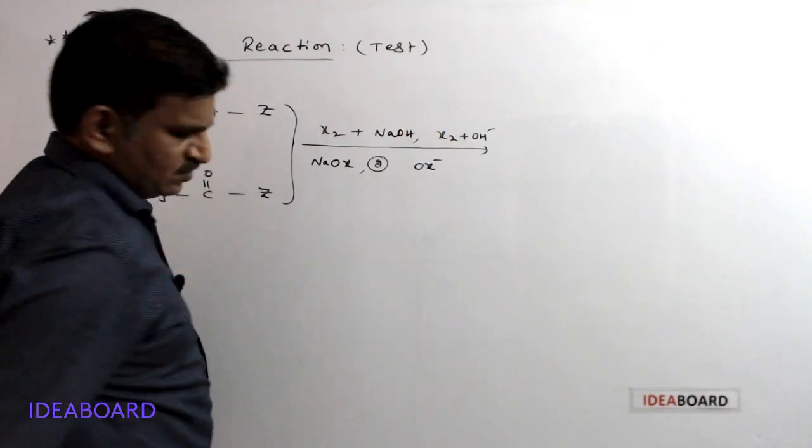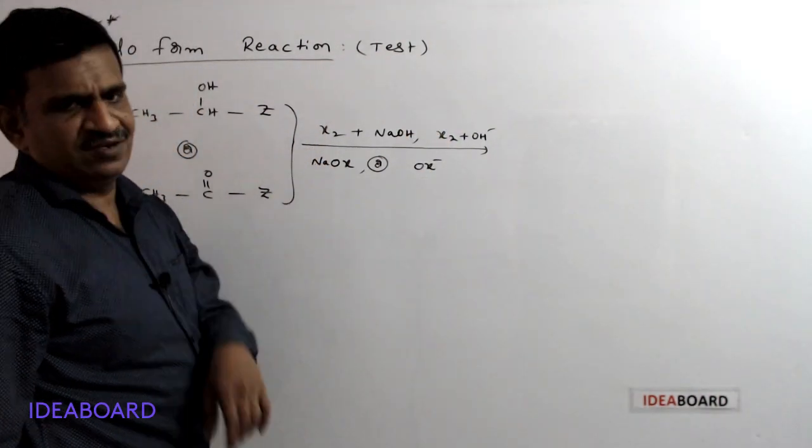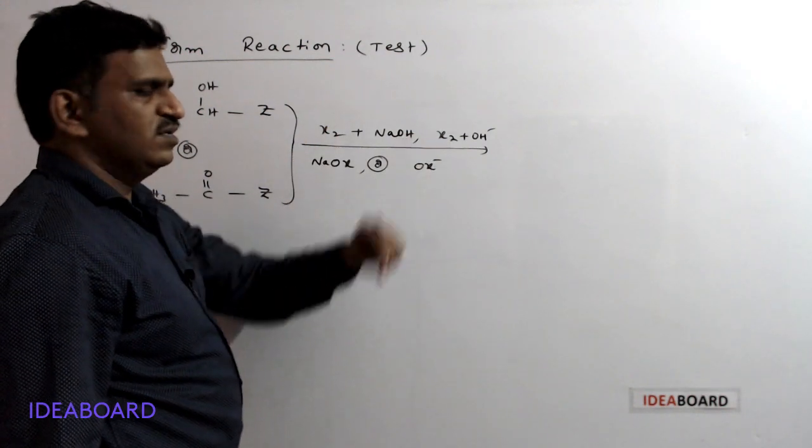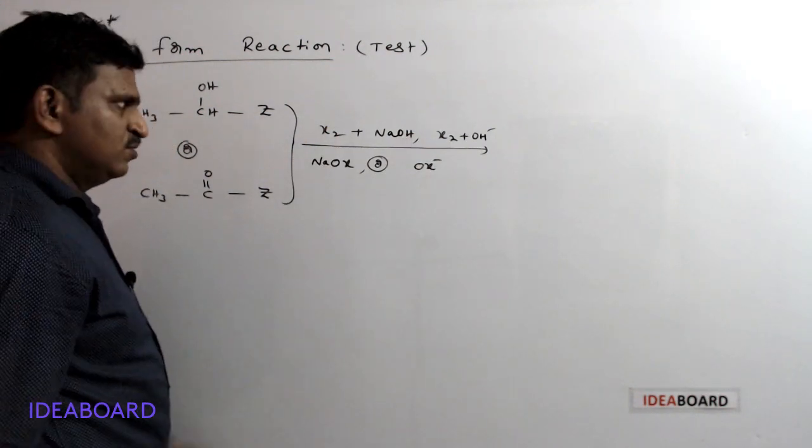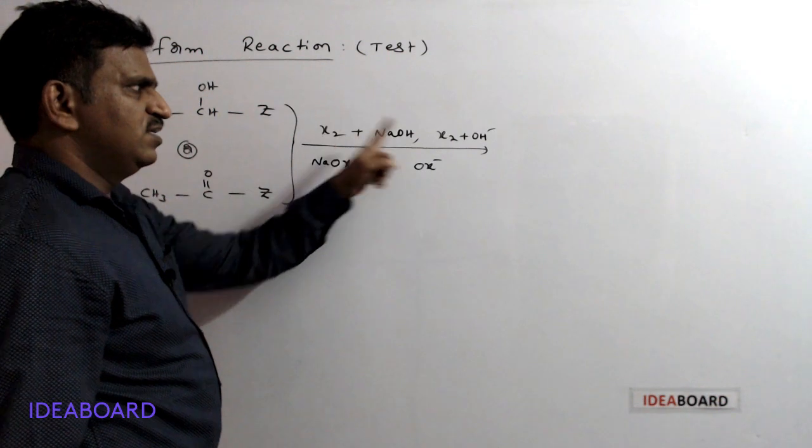Here, what is X? X is a halogen: chlorine, bromine or iodine, mainly not fluorine.